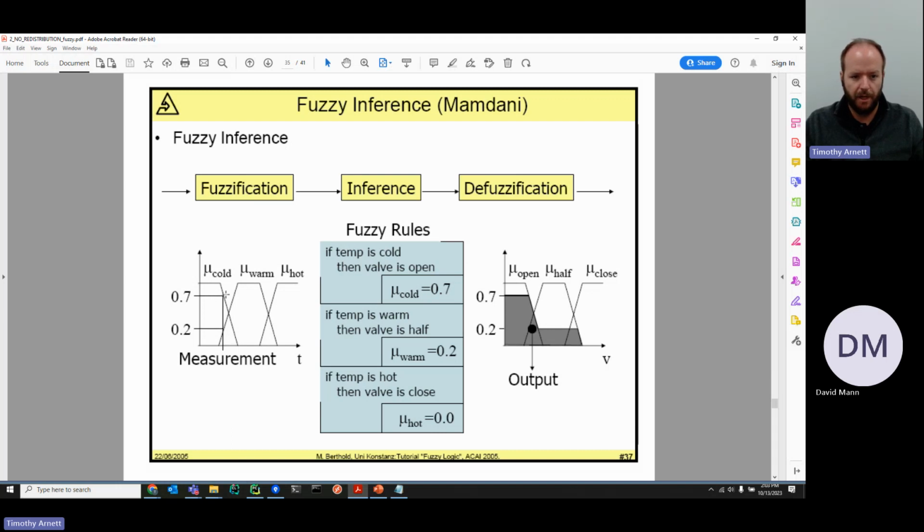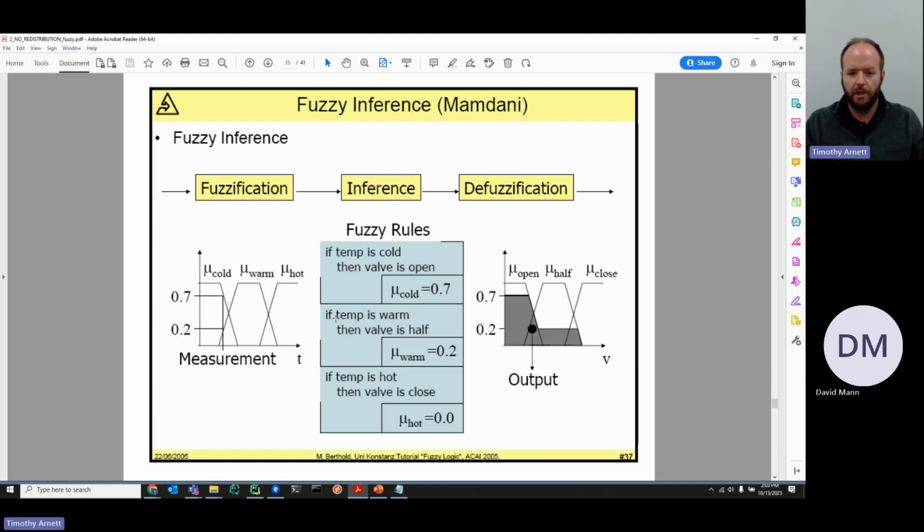So immediately we know that the rule for cold will be firing at a higher level than the rule for warm. We then have these rules that say if temperature is cold, so if we're in this set, then the valve is open. The valve does whatever in the system to increase the heat, we'll say.